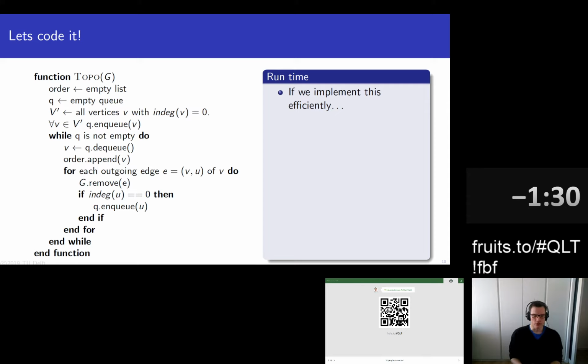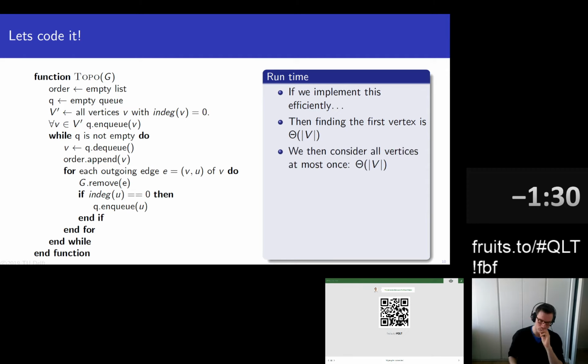Now, what does the runtime of this algorithm look like? Well, if we implement it efficiently, then finding the first vertices will require going over all of the vertices once, so that's theta v. Then we consider every vertex at most once. Every vertex is removed from the queue at most once, so that's also theta v.